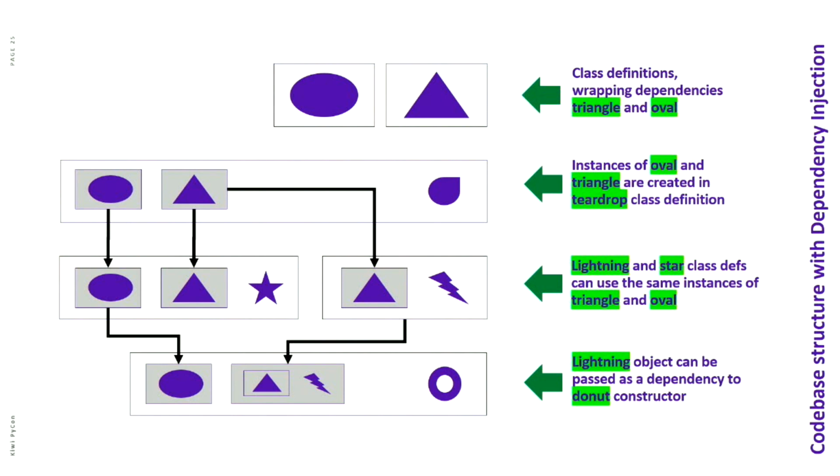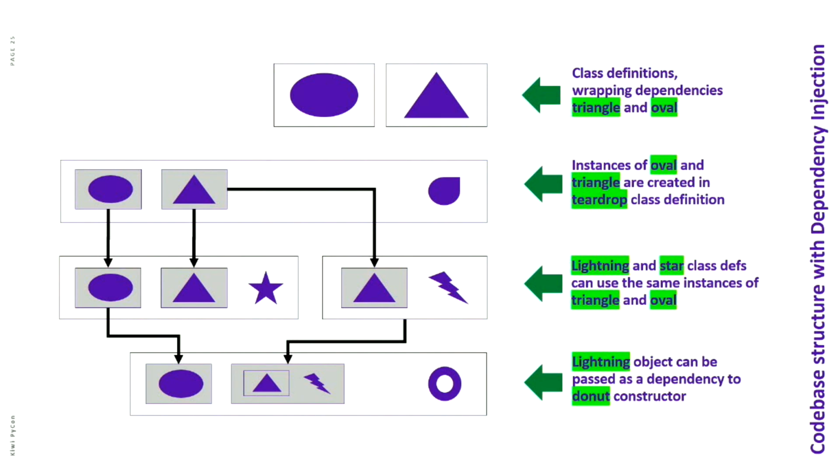We've got the lightning bolt class, which has the triangle class in it, which wraps its dependency, but we can apply the same dependency injection mindset to reuse our instance of the lightning bolt class there. So at this stage, we've got basic dependency injection going.